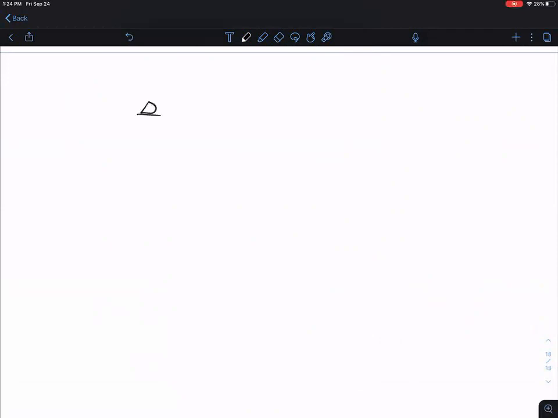So if we draw again the deflected shape, we have point A, we have point B. For this deflected shape, we know that M over EI diagram is going to be positive.